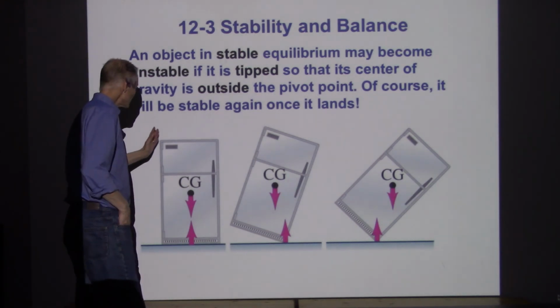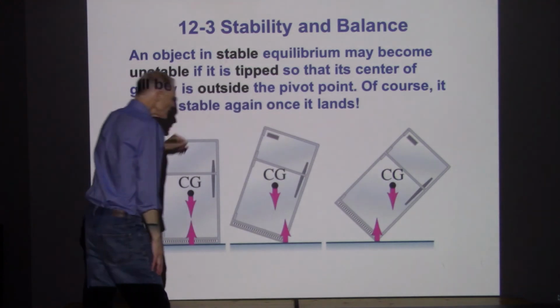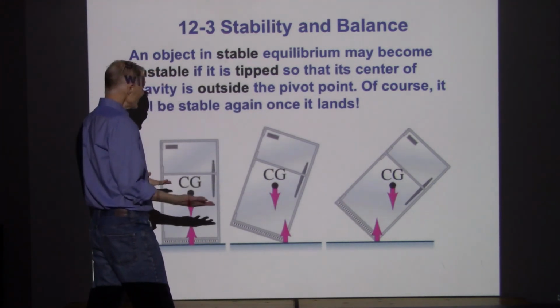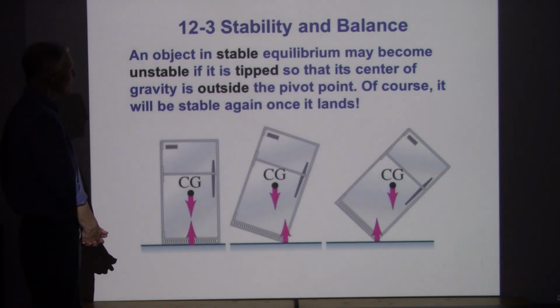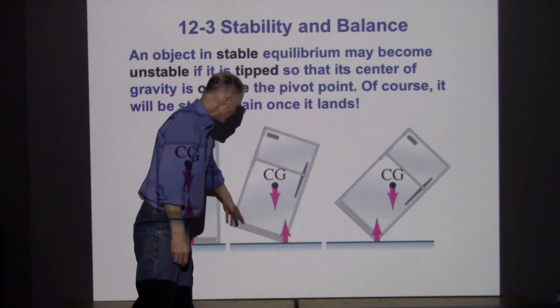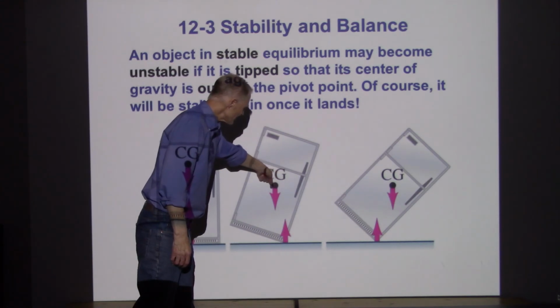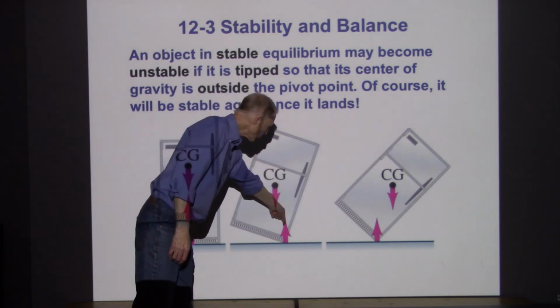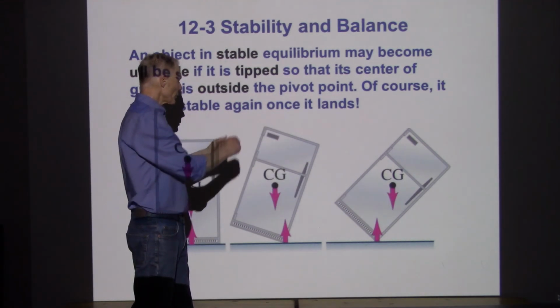Now, if I push the refrigerator up so it's resting on this corner, what has happened is it's still in stable equilibrium, I guess. It's still going to tip back onto its feet because the gravitational force is still on this side of where the normal force is, so the torques will rotate the refrigerator back.